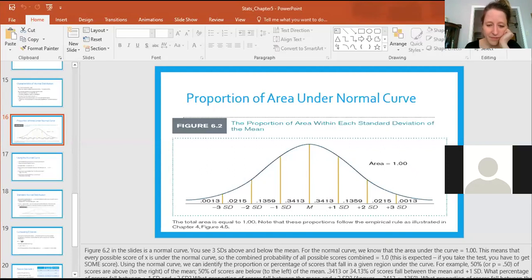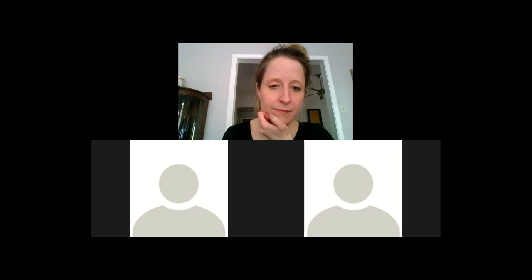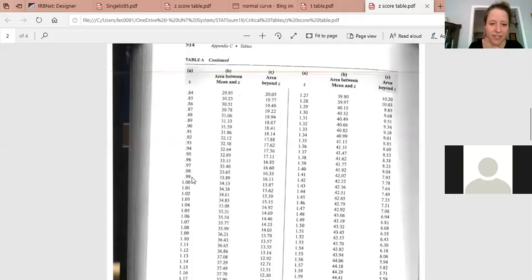Oh, okay. I see. But even if you use the table on that one, you should get the same thing because you'd be looking at the Z-score of 1, and you've got the area between the mean and 1, and you would know that that's this.